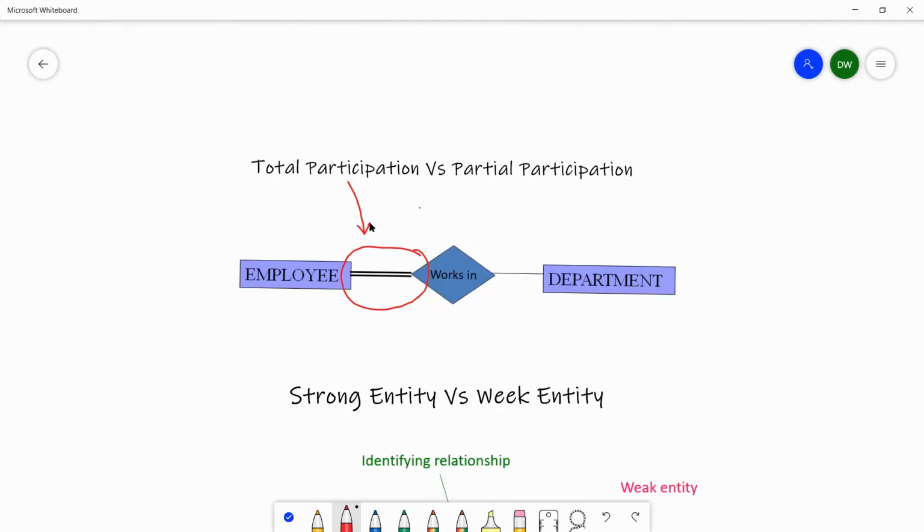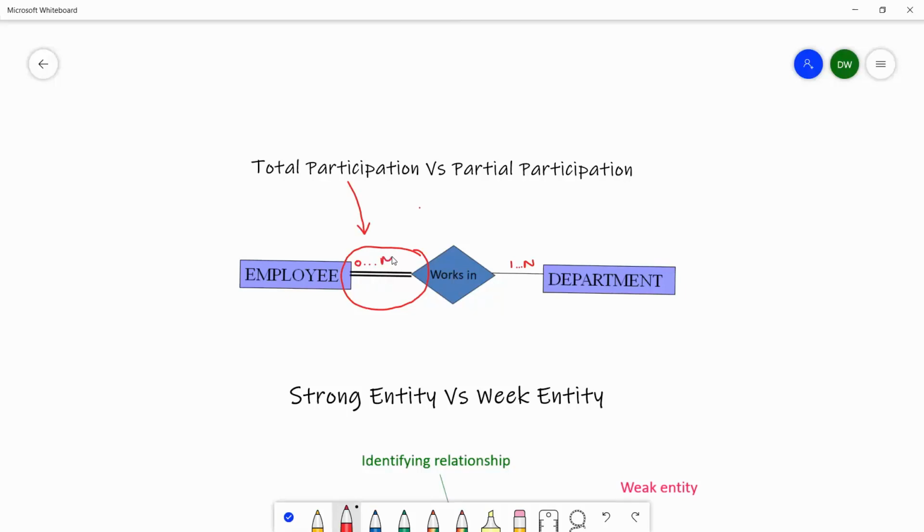So what it means is when we talk about the relationship between employee and department, one employee should work in at least one department, right? This employee can work in one or many departments. And when we talk about this department, assume that the department can have 0 or many.